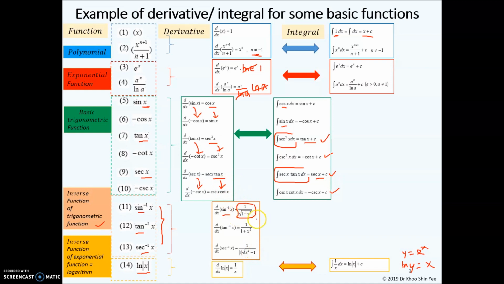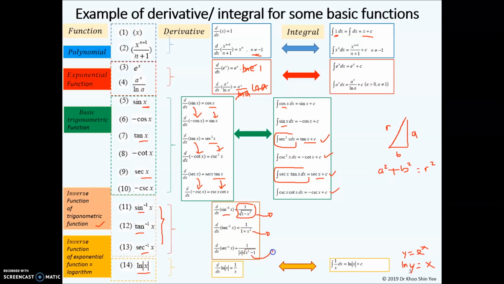Please take note that if you have something like this, there's a triangle with some lengths A, B and R, so you should notice that A squared plus B squared should be equal to R squared, where in this case 1 minus x squared, you can assume it is like A squared plus B squared. Here also the same, you see the pattern, A squared plus B squared.